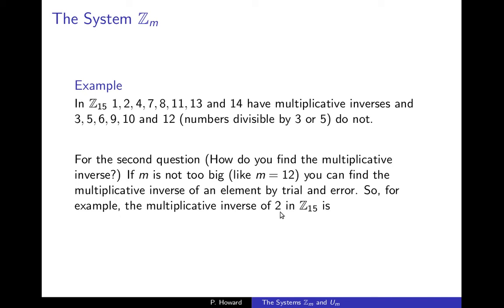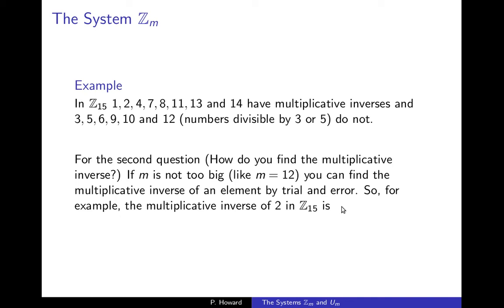So I would simply try multiplying 2 by the elements of Z15, using times sub 15, right? 2 times sub 15 1, 2 times sub 15 2, 2 times sub 15 3, and so on until I got an answer of 1.